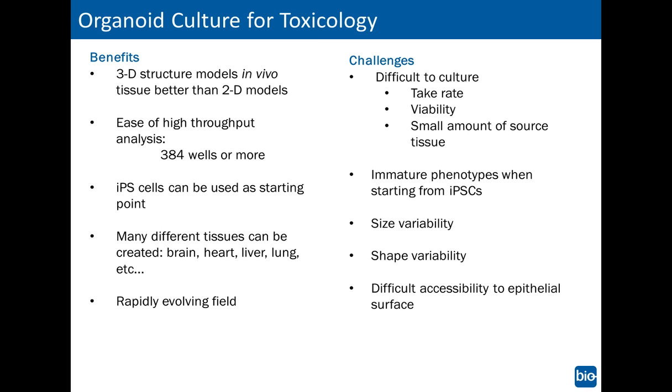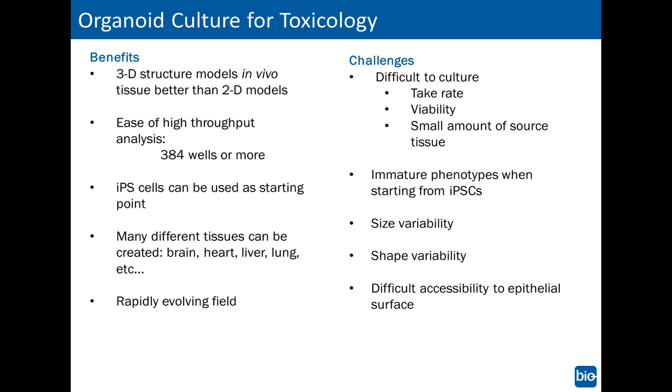So if you're interested in studying a disease such as cystic fibrosis that's affecting multiple organ systems, you can derive your tissue from the same patient and study the mechanism of the disease in these different tissues. And so that is a definite benefit. And it's a rapidly evolving field, so you're in good company. There's a lot of literature out there and possibilities to learn and grow.